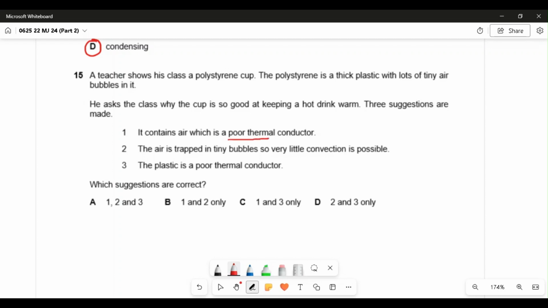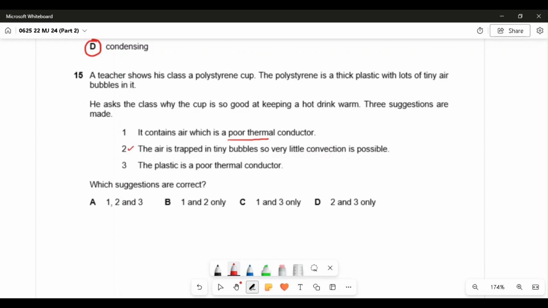Of course, a solid is the best conductor of heat, whereas air is not that good a conductor. The air is trapped in tiny bubbles, so very little convection is possible. Yes, convection currents are possible when air molecules are free to move and take the heat from one point to another.